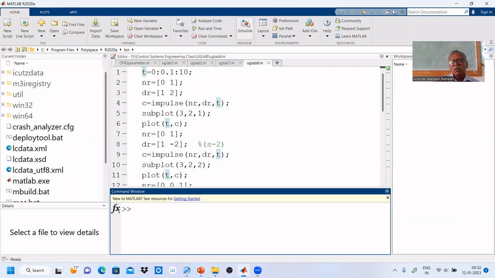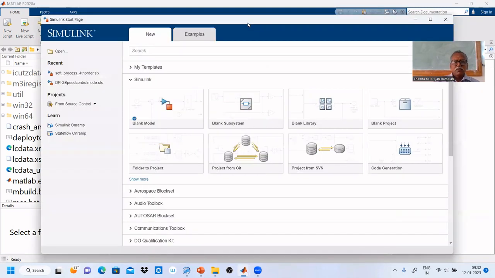We are going to work on Simulink. Simulink is module-based programming, so the modules are available. Transfer function is available as a module. We pick and place, connect, and run. That is called the Simulink environment inside MATLAB. So we are going to work on it.